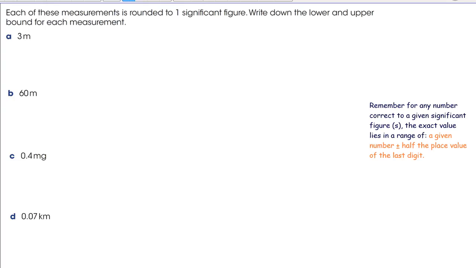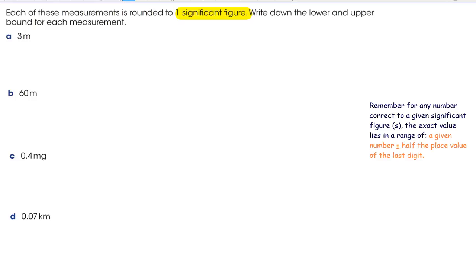Next, each of these measurements is rounded off to one significant figure. Write down the lower and upper bound for each measurement. Now remember, for any number correct to a given significant figure, the exact value lies in the range of a given number, for example, 3 meters plus minus half the place value of the last digit.